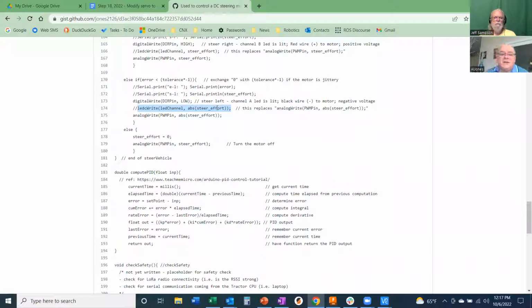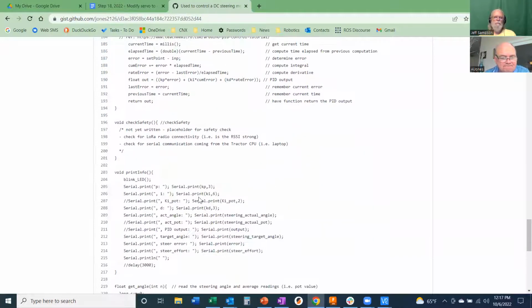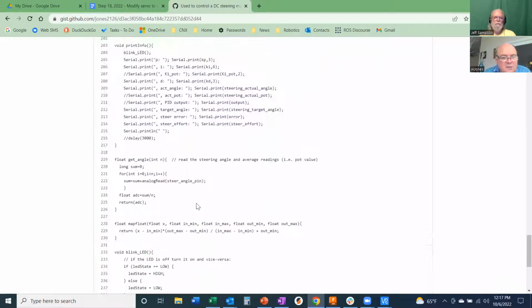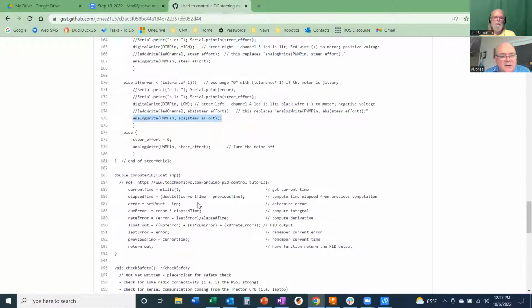So that's one of the things that's happened in the last week or so: testing this ledc write versus an analog write to the motor controller. Where I'm at the moment is using the analog write, which again produces a lot of noise with the motor. That's the only thing that's going on there.